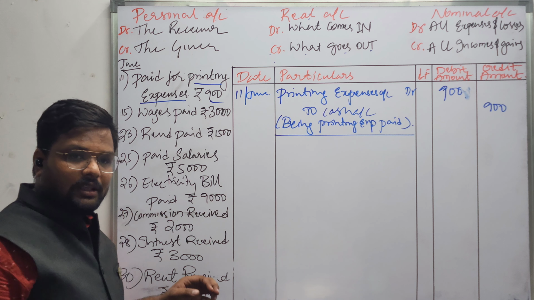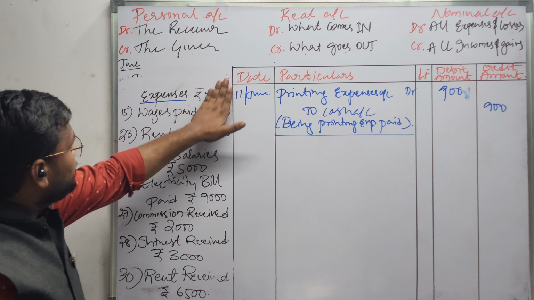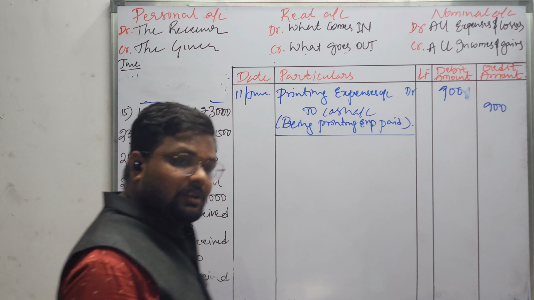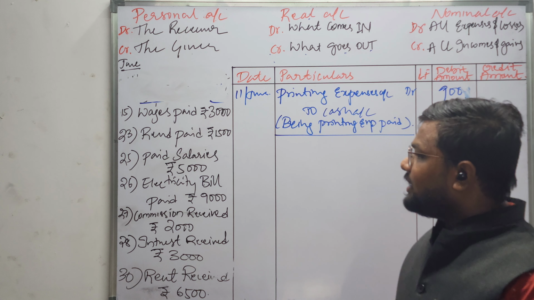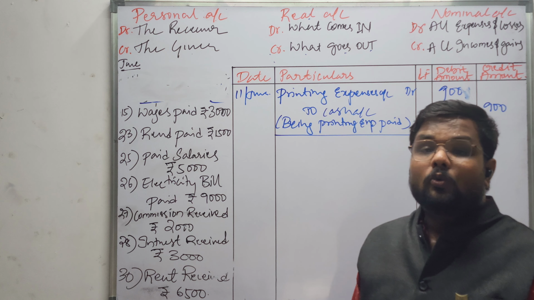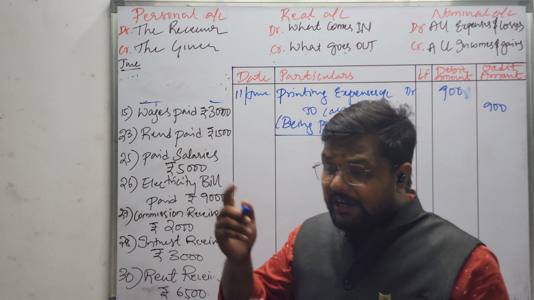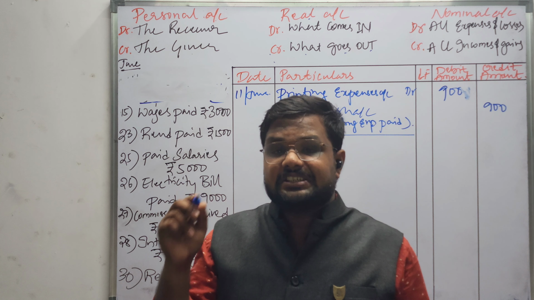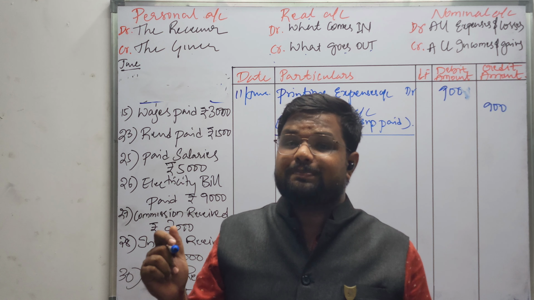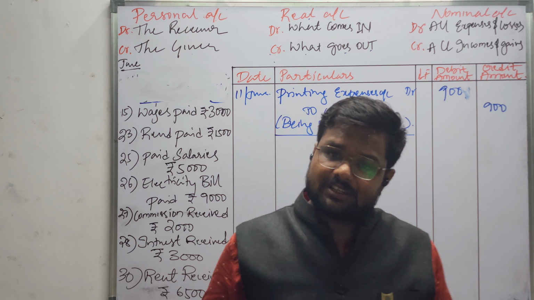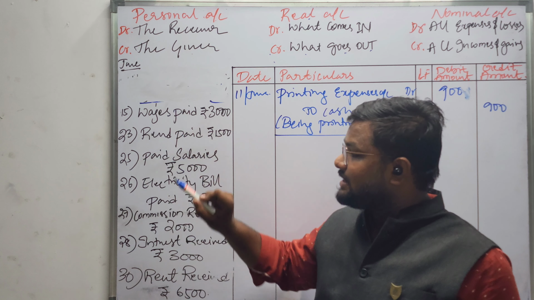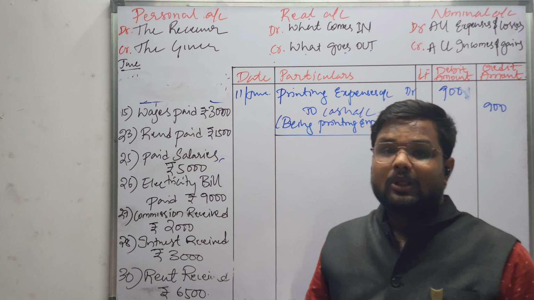Now, what is the second transaction? The second transaction is also talking about expenditures, that is, wages paid. What is wages? Wages is the amount paid to the laborers. There is a difference between wages and salaries.